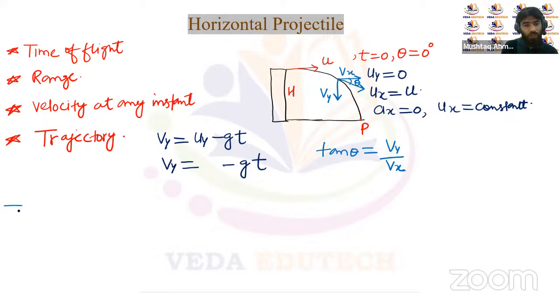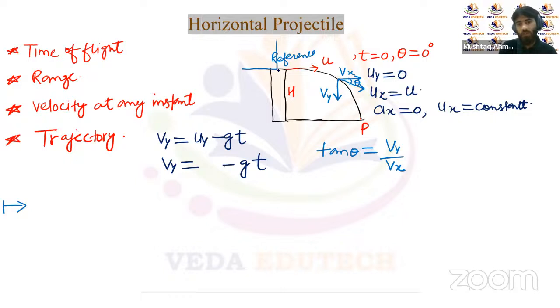So let's try to calculate the time of flight for this projectile motion. Let's suppose all the measurements are done with respect to a reference. Let's take the top of the tower as the reference point.